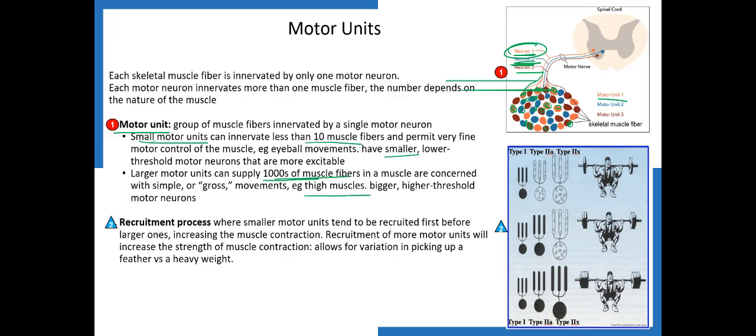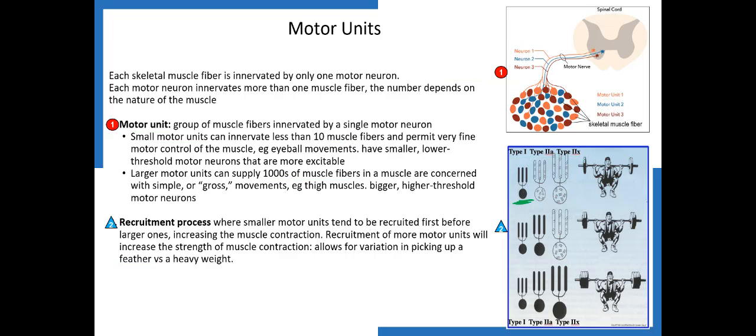And just to highlight this, if you look at the bottom diagram on the right, you've got what happens with the recruitment process. So you've got type 1, type 2A, type 2X motor units. And if you look at this, you can see that type 1 is much smaller than type 2A, and type 2A is smaller than type 2X. So if you have someone lifting weights, with just one disc over here, it only recruits the smaller motor units, right?